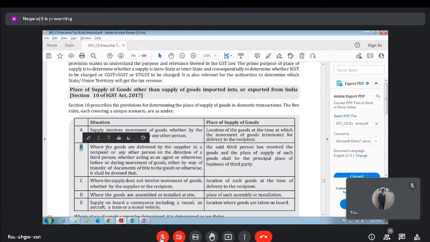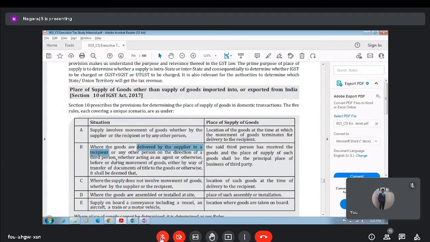Second one. Where the goods are delivered by a supplier to a recipient, or any other person on the direction of a third person.